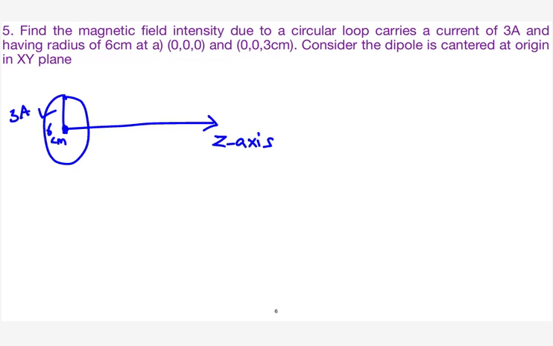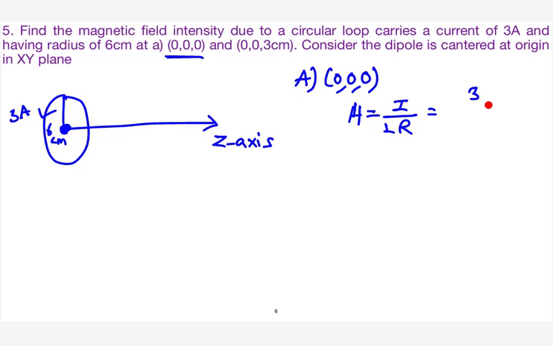First of all, you need to find the magnetic field at (0, 0, 0). We already discussed that this means the center of the coil. At the center of the coil, what is the magnetic field intensity formula? This is equal to I by 2R. We have verified the same thing. Just substitute the values and tell me the answer.